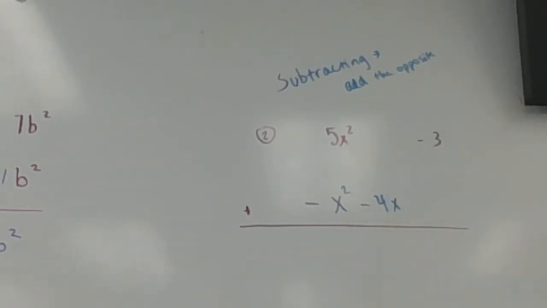And there's no constant, so there's nothing under the minus 3. So 5x squared take away 1x squared is 4x squared. There's nothing like this minus 4x, so it just stays minus 4x. And there's nothing like that 3, so it just stays a minus 3.